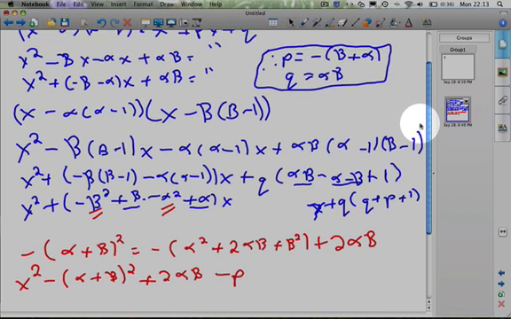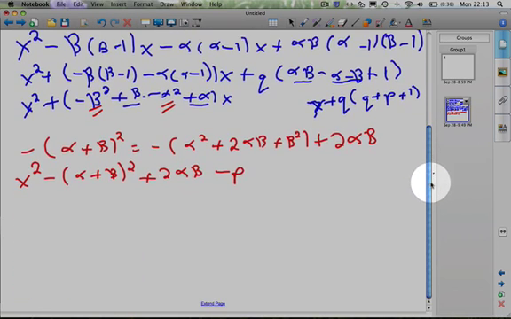Okay? Alright. So this piece of the puzzle here could be written as minus p squared, and this piece is now 2q, and this is minus p.